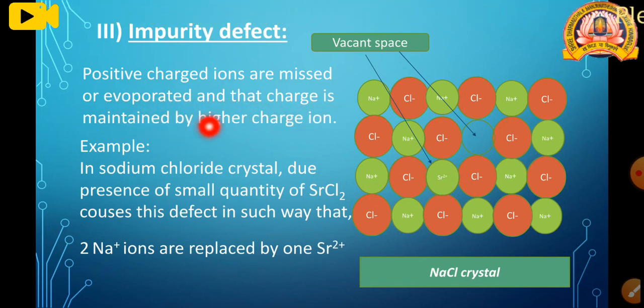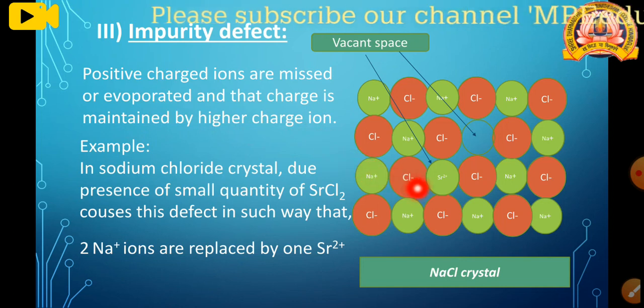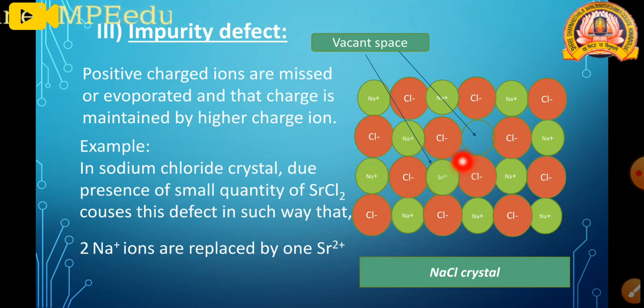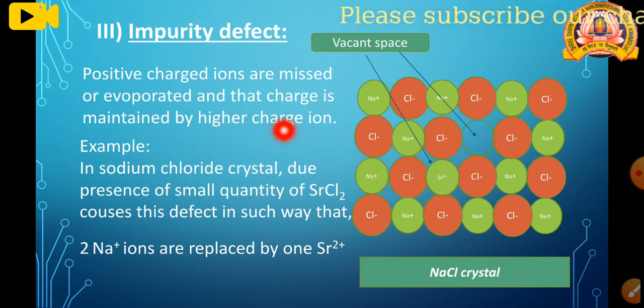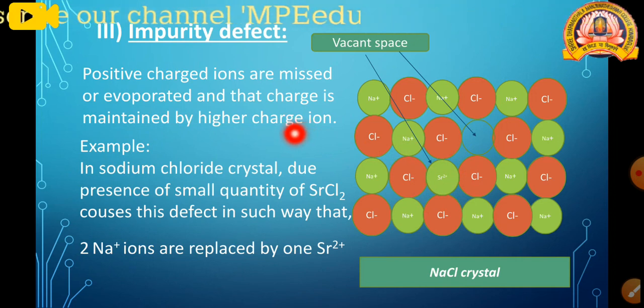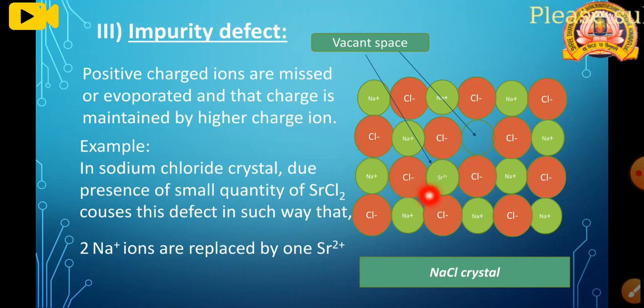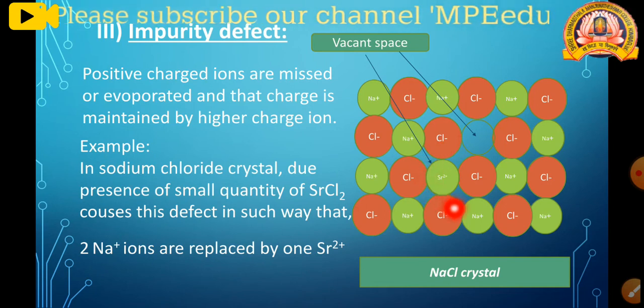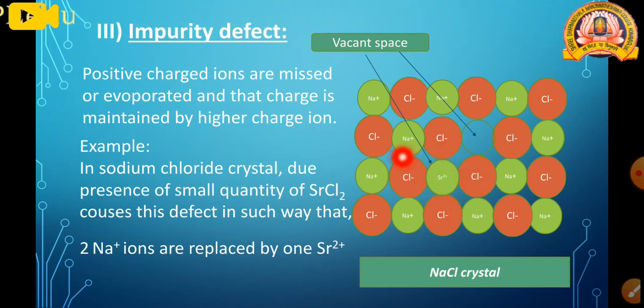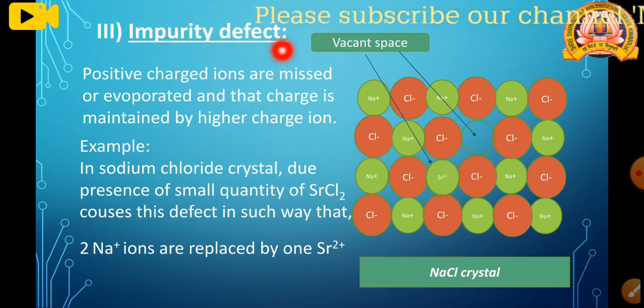Okay, this is the impurity defect. Why is it impurity? Because of the extra foreign particle. A positive charged ion is missed or evaporated, and that charge is maintained by a higher charged ion, a different ion, a foreign particle, a foreign ion. Therefore it is impurity.